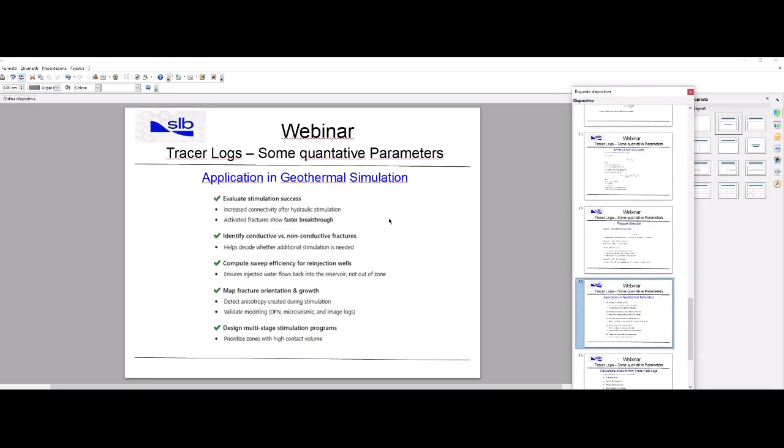Applications: it's clear that we have summarized several applications in geothermal stimulation. The first important application is to evaluate the possibility of stimulated wells, increasing, for example, hydraulic connectivity.